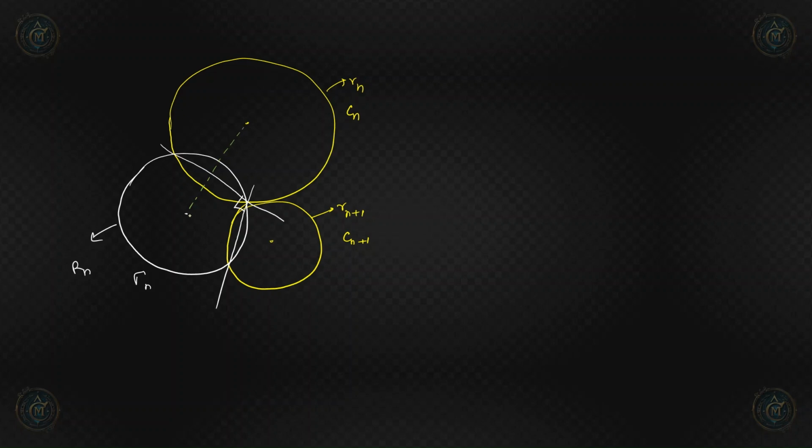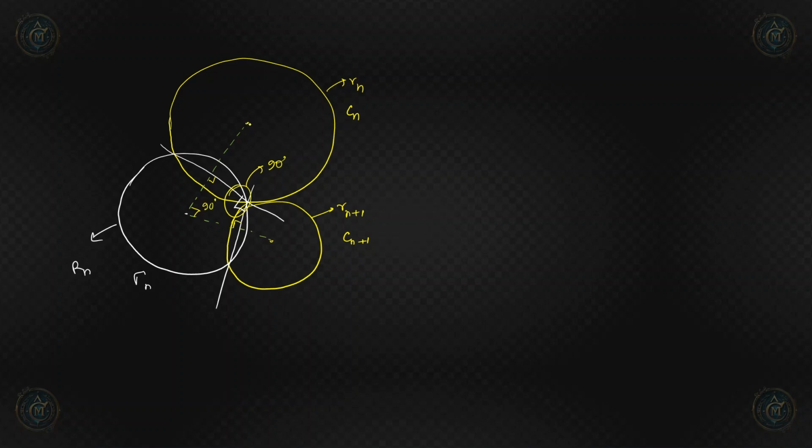So this line will also be perpendicular to this common chord, right? That means if this angle is 90 degrees, this angle should also be 90 degrees.